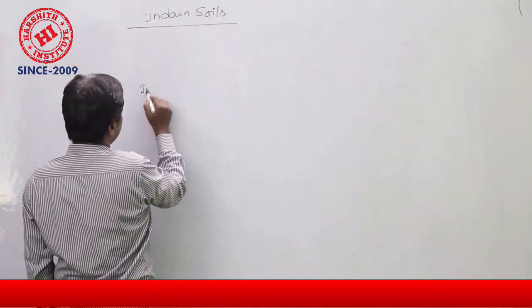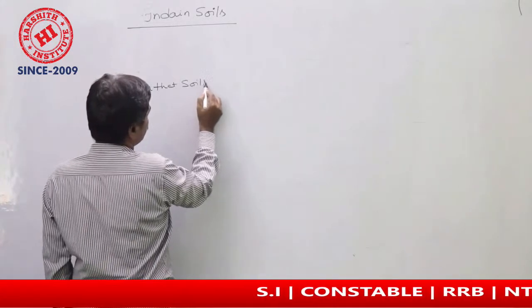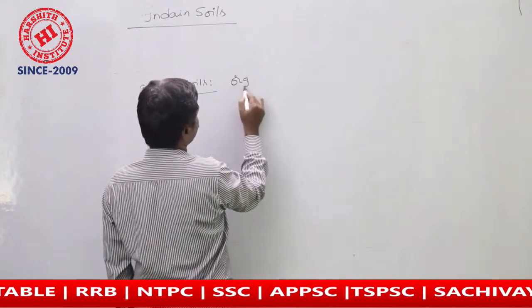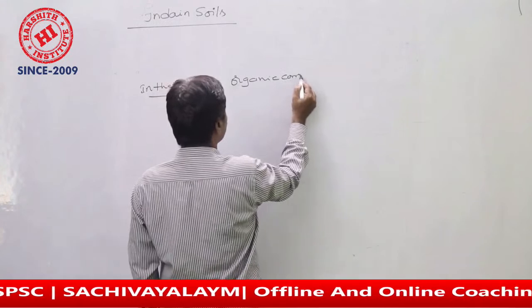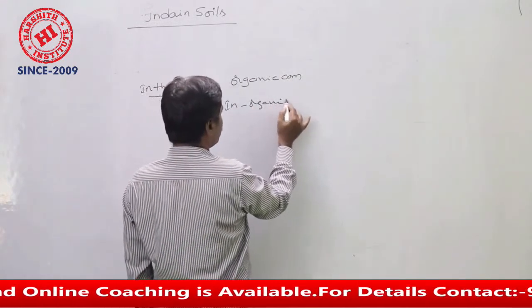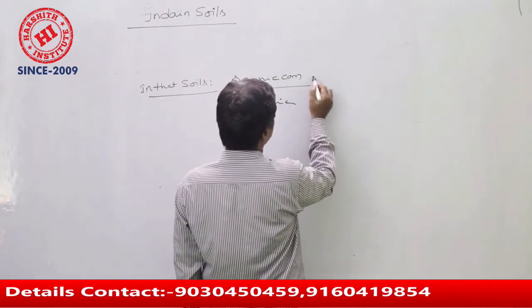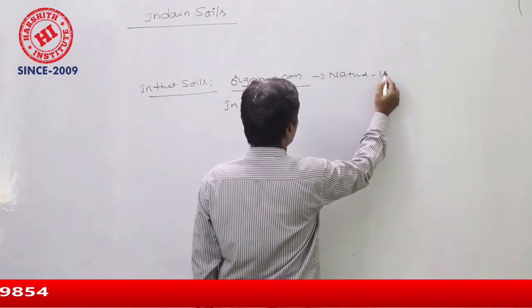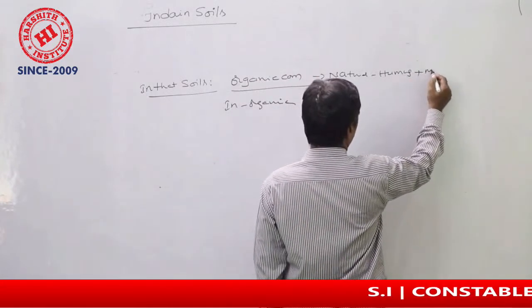In soils, the compounds are organic and inorganic compounds. Organic means natural fertilizers like humus and also moisture.